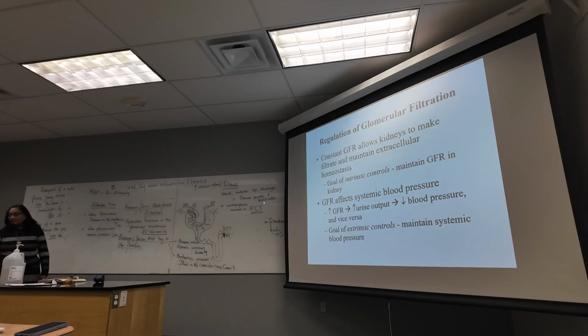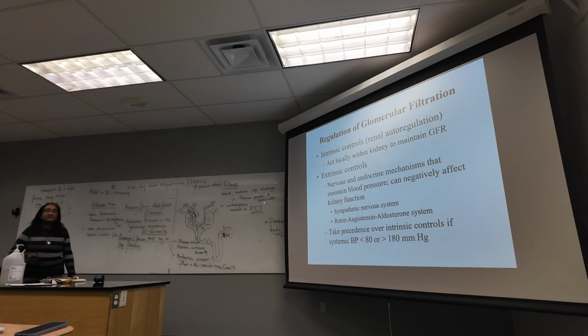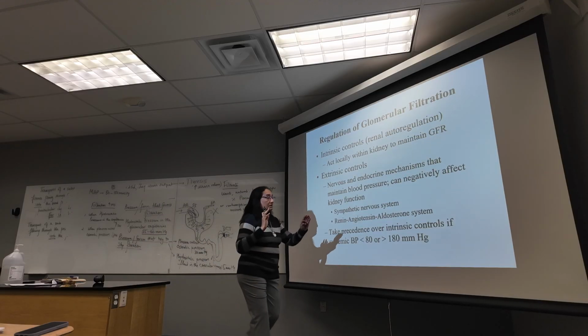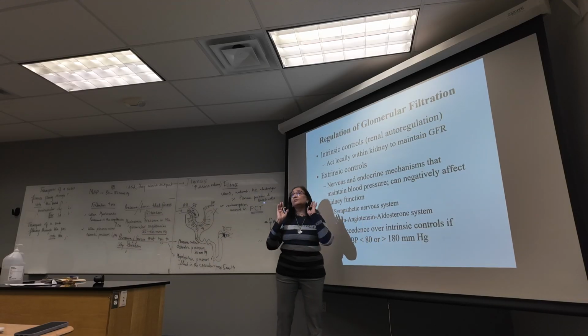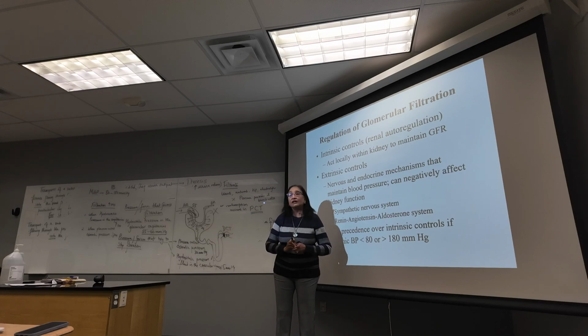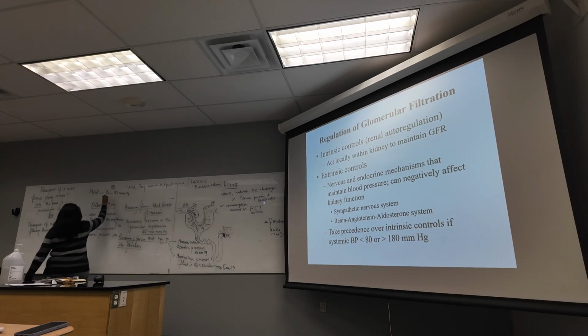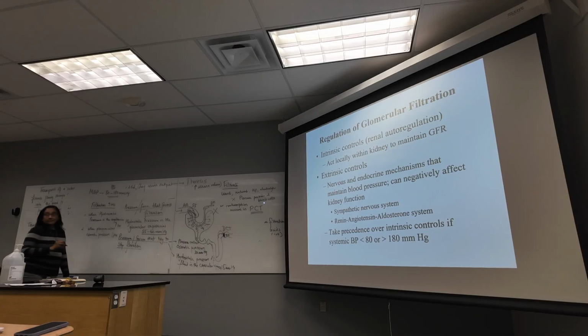But even if it fluctuates between 80 and 180, the nephron is able to maintain the glomerular filtration rate. The filtration rate will not change. It will still remain the same.